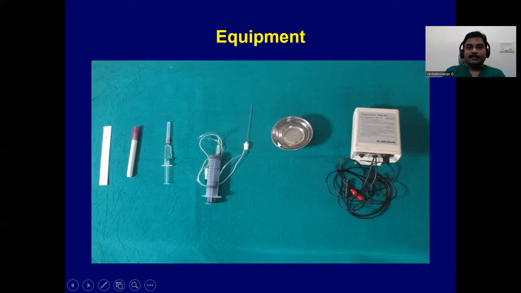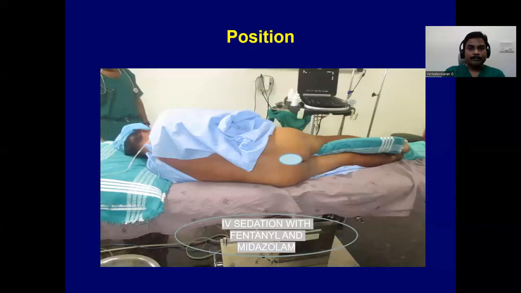It has to be mixed and taken inside a sterile cup. So we use 25 ml for the lumbar plexus and 25 ml for the sacral plexus. That's why a total of 50 ml will be used. And of course, we need a peripheral nerve stimulator for giving this block.